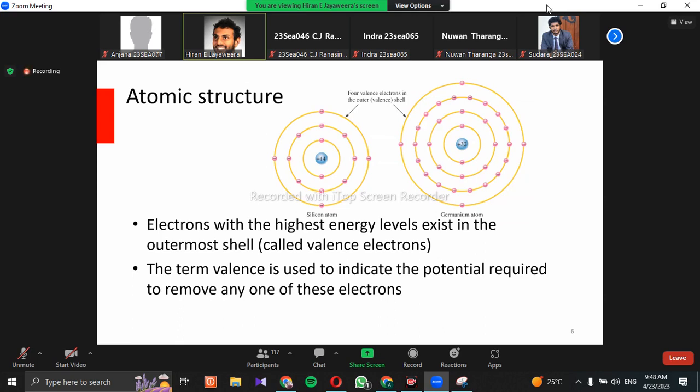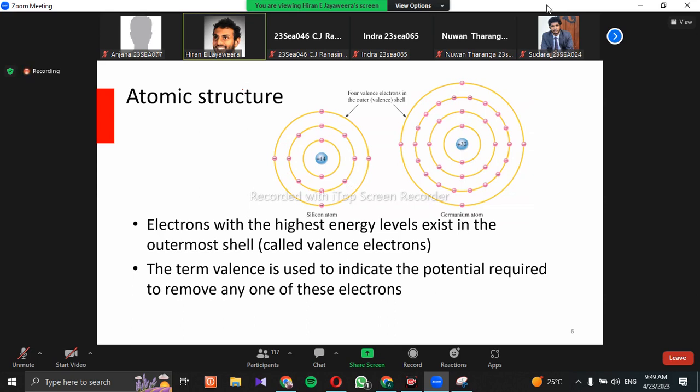When you look at the outermost shell here, we have only 4 electrons. In germanium also, we have only 4 electrons. However, silicon has only 3 shells, while germanium has 4 shells. So that's one of the differences that we have.